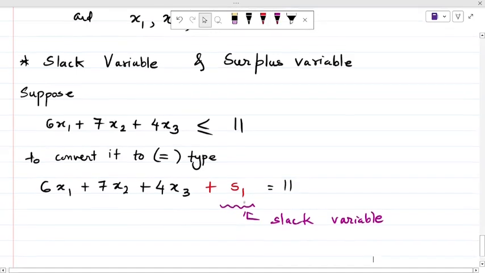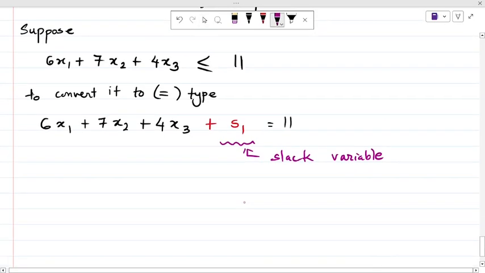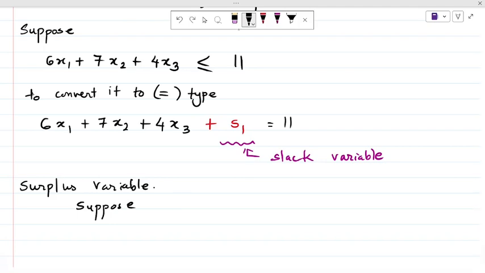Now what is a surplus variable? Suppose you have another equation, let's say 9x1 minus 10x2 plus 11x3 is greater than or equal to 400.